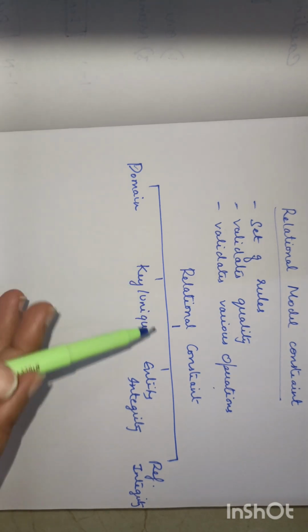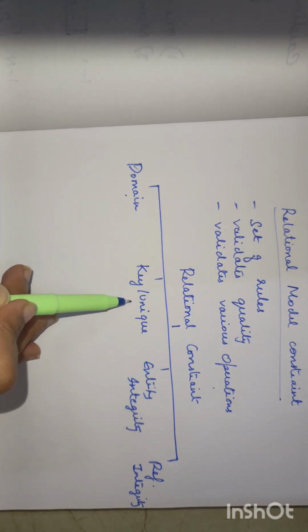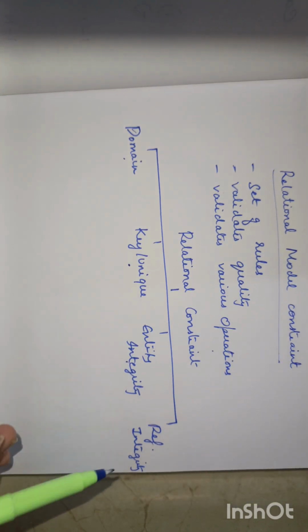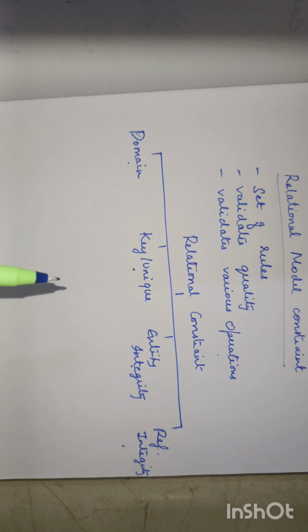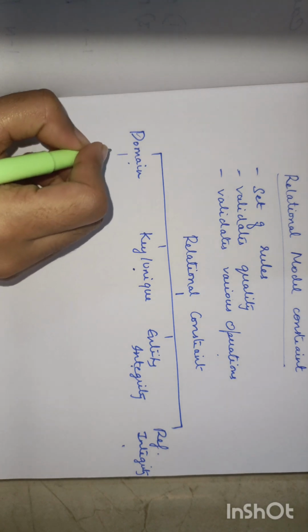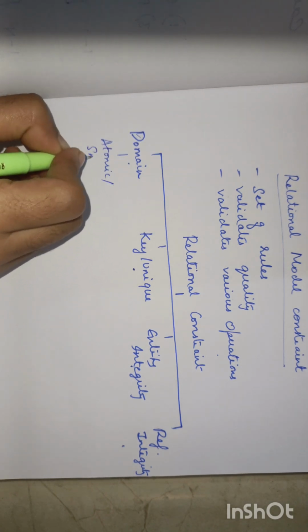We have four relational constraints: domain constraint, key or uniqueness constraint, entity integrity, and referential integrity constraint. Now, what is each one of them? Domain constraint means that every domain must contain an atomic value, or a smallest value.